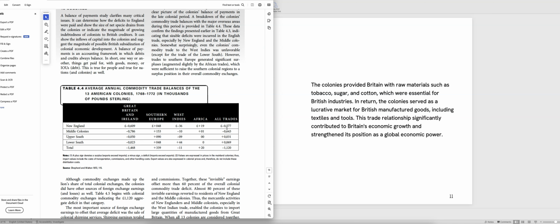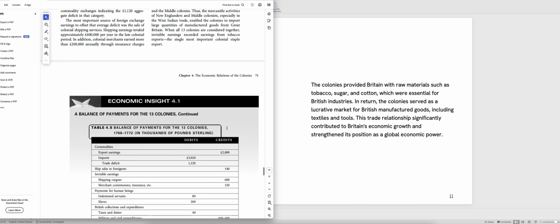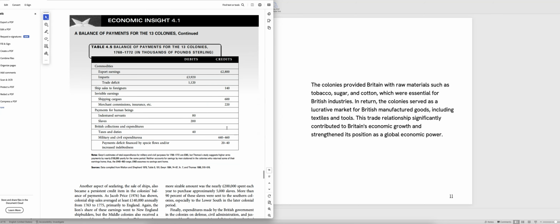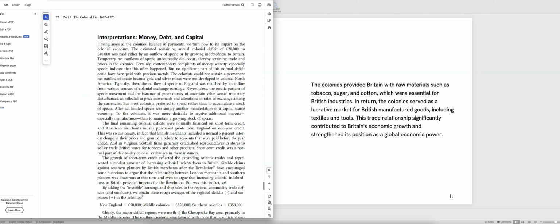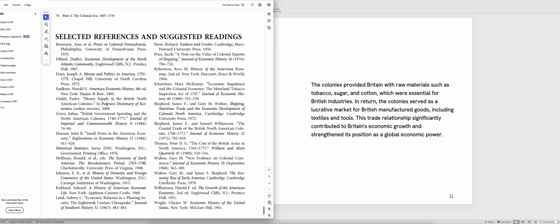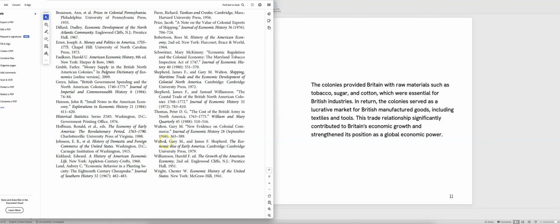The northern colonies really just have to rely on ships. And that's actually what we see here, which again would be another really useful slide from the Walton and Shepard piece. This Walton and Shepard piece, by the way, just to show you here, is a really good read. I read it some time ago, but this is kind of a classic.